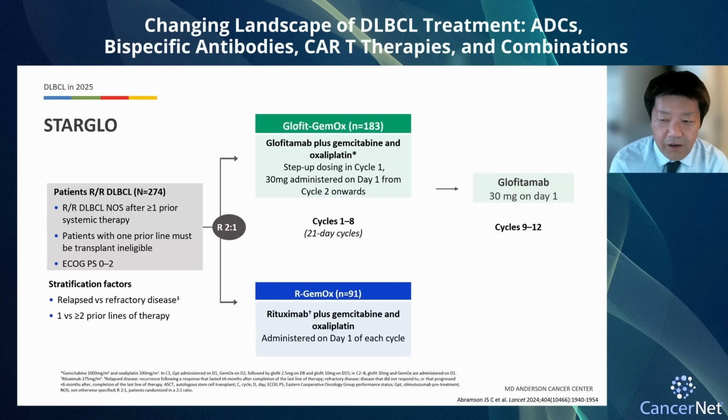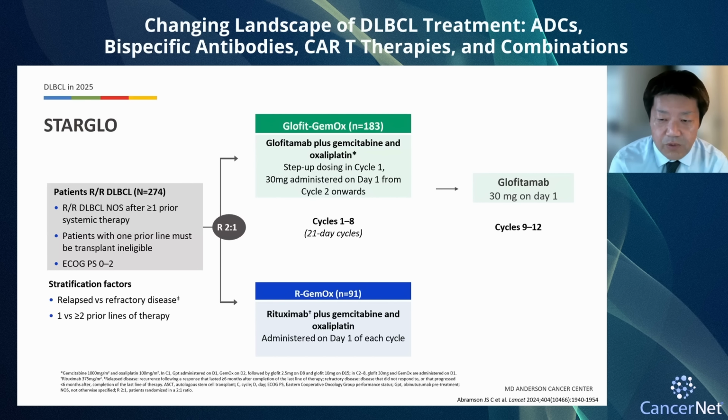Bispecific antibodies are now moving into the second line, and I would like to introduce 2 trials evaluating their role in the second-line setting. The first is the STARGLO trial, a randomized phase 3 study for patients with relapsed refractory large cell lymphoma who have received at least 1 prior line of treatment.